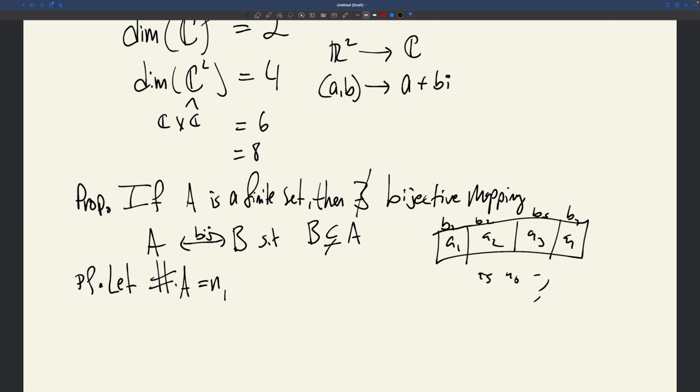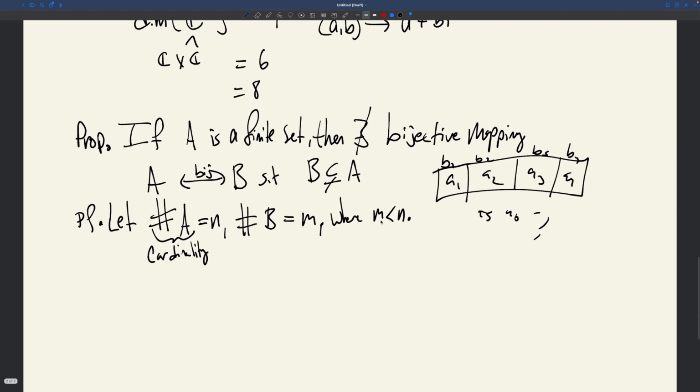So let the cardinality of set A, this is denoting cardinality, I didn't explicitly say that before, be n, and let the cardinality of set B be m. Given that B is a proper subset of A, it is kind of implicit that m is less than n, but I just wanted to make this easier to understand. So let the cardinality of set A be n, and set B be m, where m is less than n.